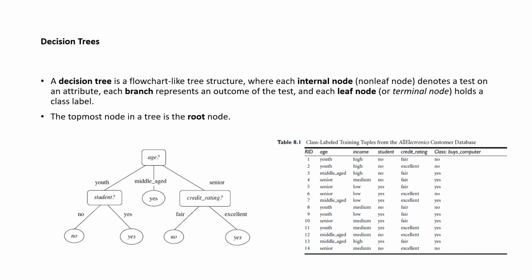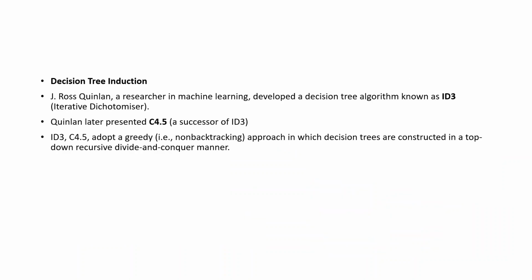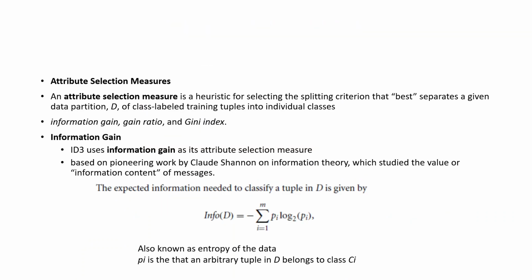Entropy, we must have come across in chemistry also, the entropy of a gas. The degree of randomness associated with the data set is called entropy. So that is what we are encoding here: the expected information of a data set, which is the same as its entropy.